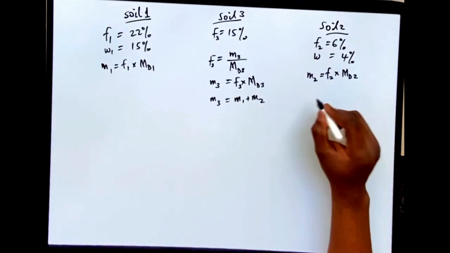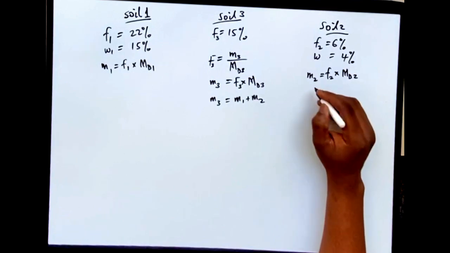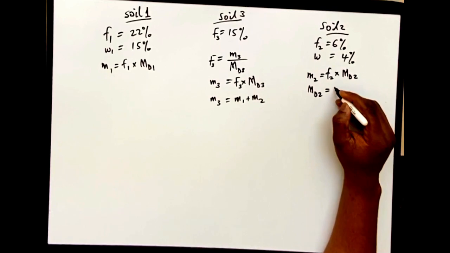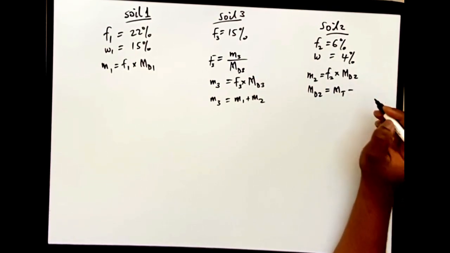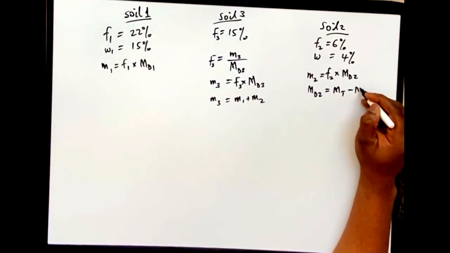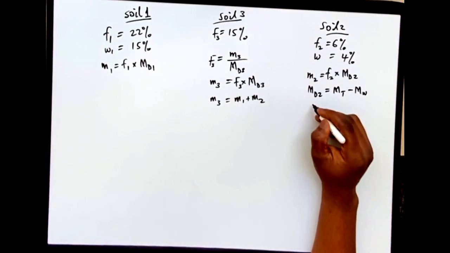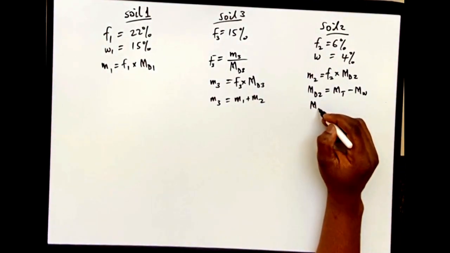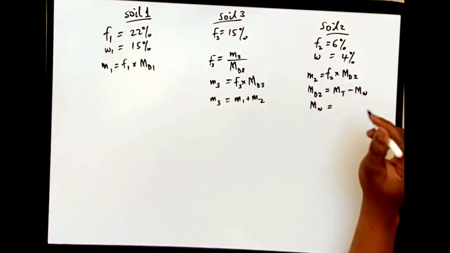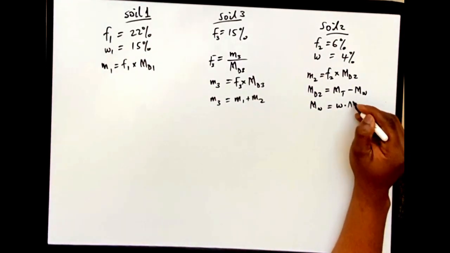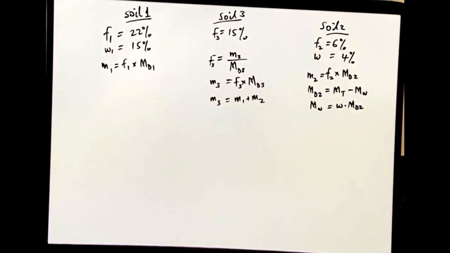Okay, so let's see. The relation between dry weight and wet weight, we know MD is simply the wet weight minus the weight of water. Let's call that MW, water. And what's the weight of water? It's simply the moisture content times the total dry weight, right?